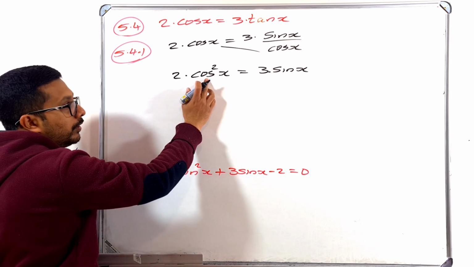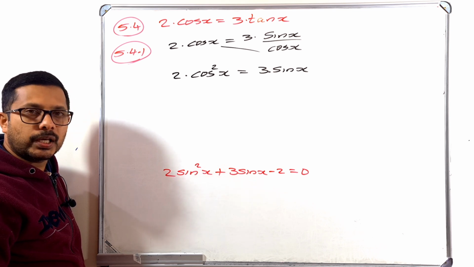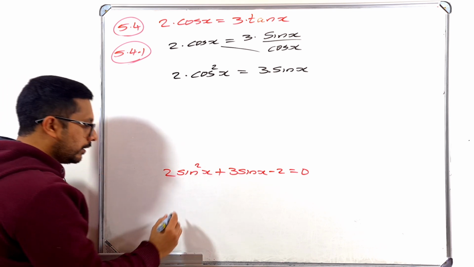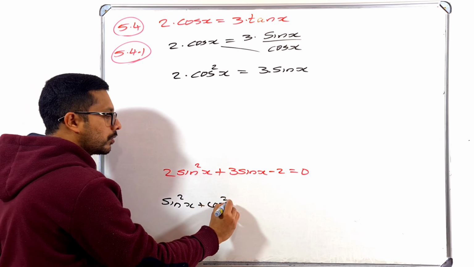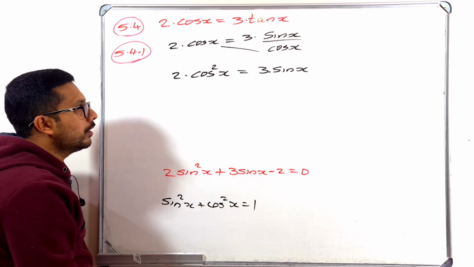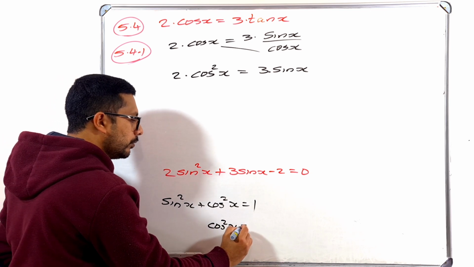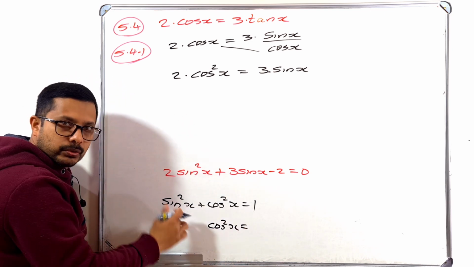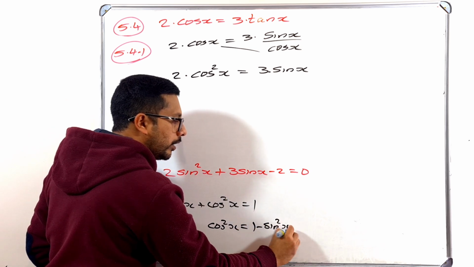So how can we convert that into sine? Yeah, you know that sine square x plus cos squared x is equal to 1. So what is cos squared x from there? From this equation, take the sine squared x to the other side, so it is 1 minus sine square x.